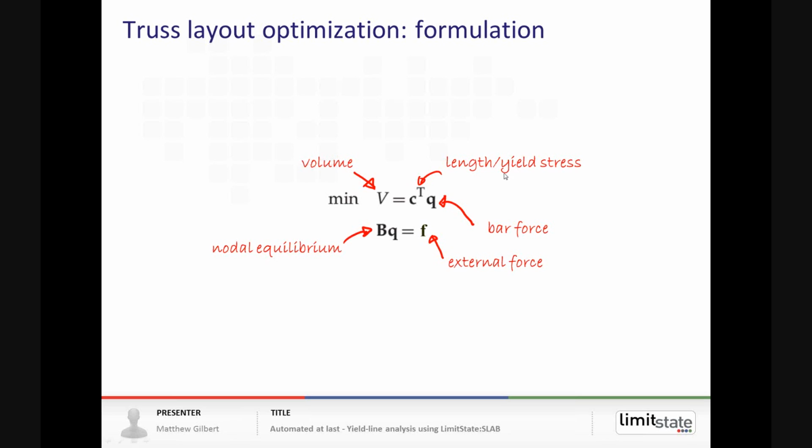If you rearrange that slightly, you can make it into terms of length over yield stress times the bar forces. And then the constraints on that is just nodal equilibrium at each of the nodes. So just the forces in the x and y directions, if you're looking at a 2D planar problem, sum to zero, or to the external force that's applied.